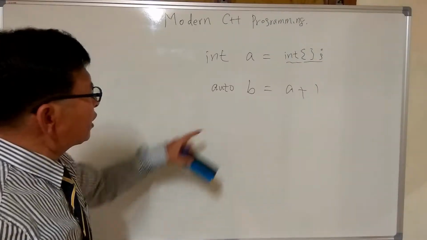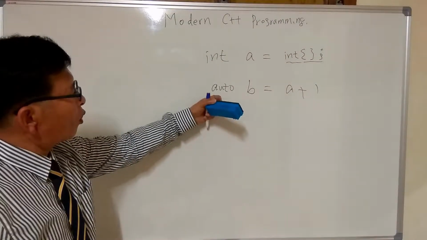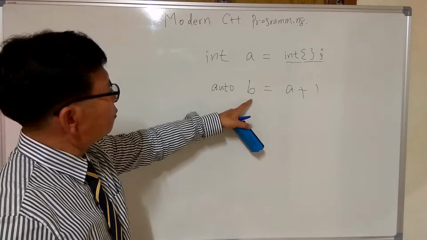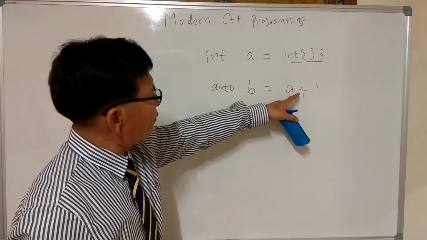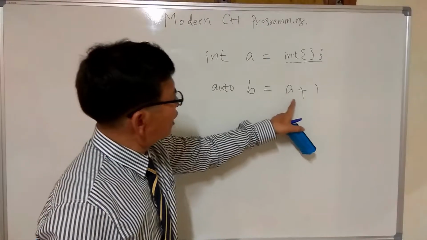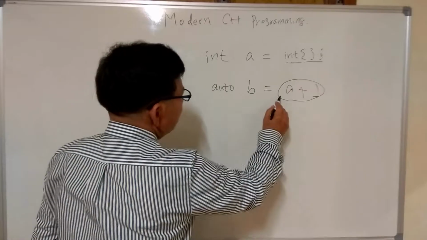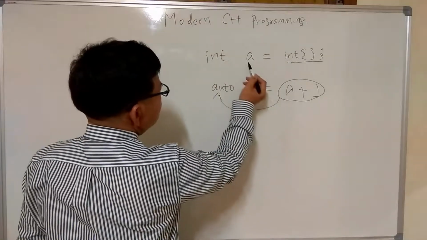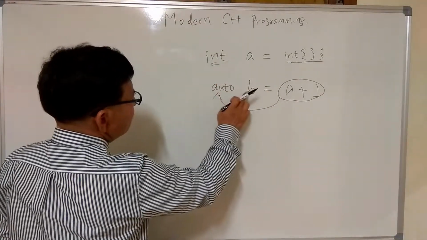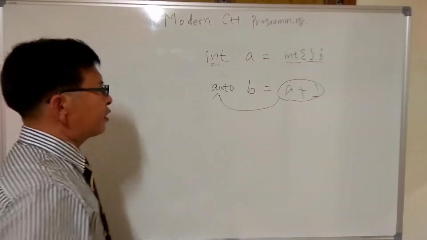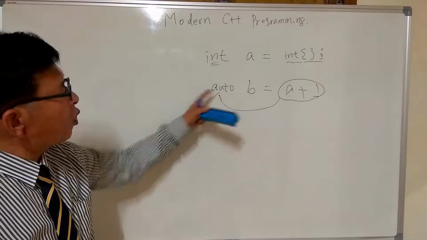In this case, we introduce b, a new variable, based on the type of a plus 1. This is an expression, and the type of this expression becomes the type of b. Because a is an integer, b actually becomes an integer. This is the way we use auto.